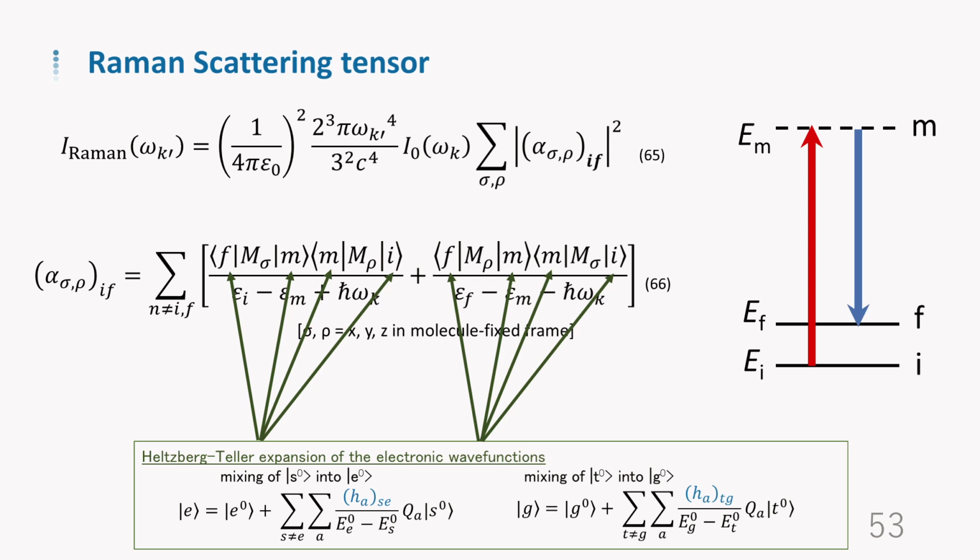I m m f, there are two steps. The molecular vibration should be affected, and the electronic wave function of M should also be affected by mixing of the wave function F. So let's replace the electronic wave function of IMF with this form, the Herzberg-Teller expansion.